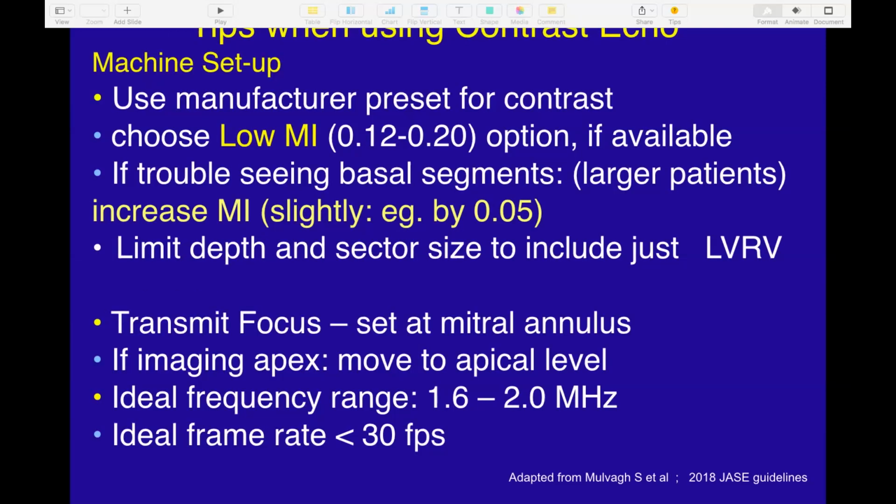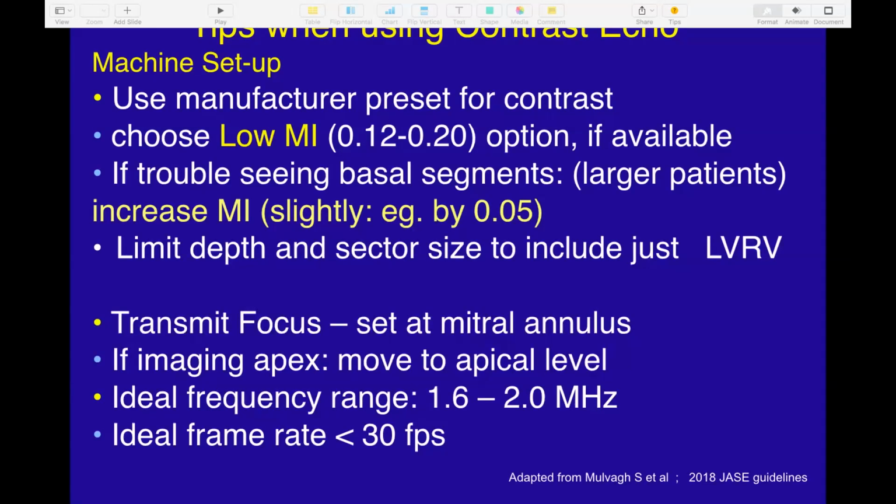So a few optimization tips, which may be testable also in the exams. The key thing is most of the current machines already have a contrast setting. But for your understanding purposes, it's important to know that when you normally do non-contrast imaging, your mechanical index is around 1 to 1.3. But when you go into your contrast setting, automatically you will see that your mechanical index is shifted into the less than 0.5 range.